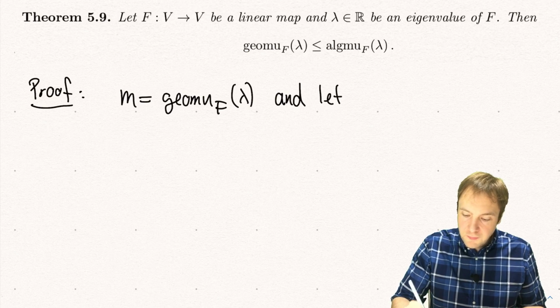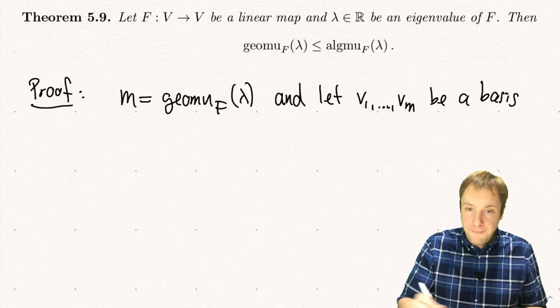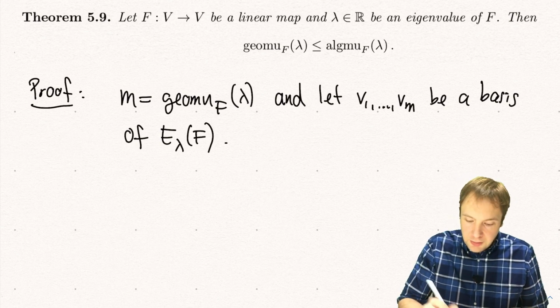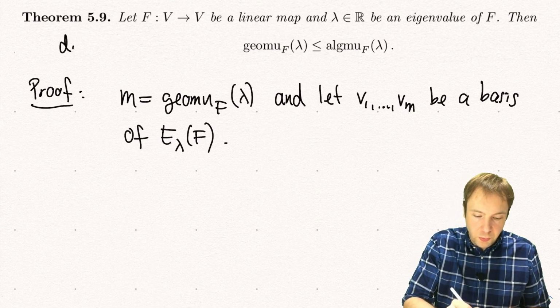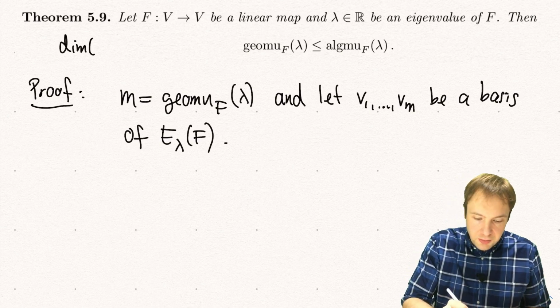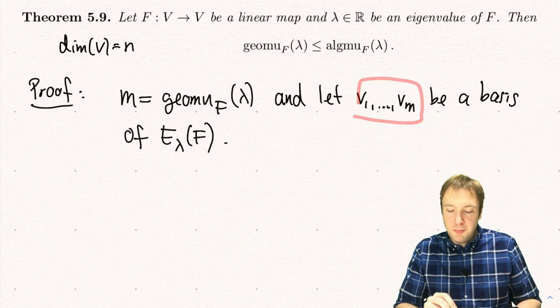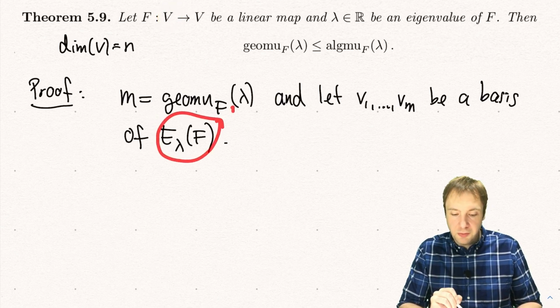Let v1 up to vm be a basis of the eigenspace of this eigenvalue lambda. And so assume we are in an n-dimensional space. Now we have m linearly independent vectors in this vector space V, which are a basis of this eigenspace of this eigenvalue lambda.